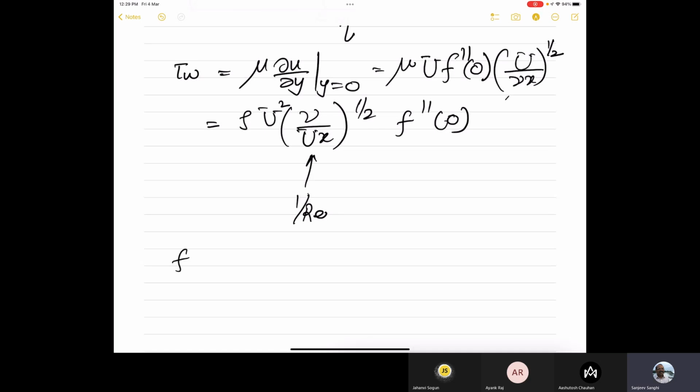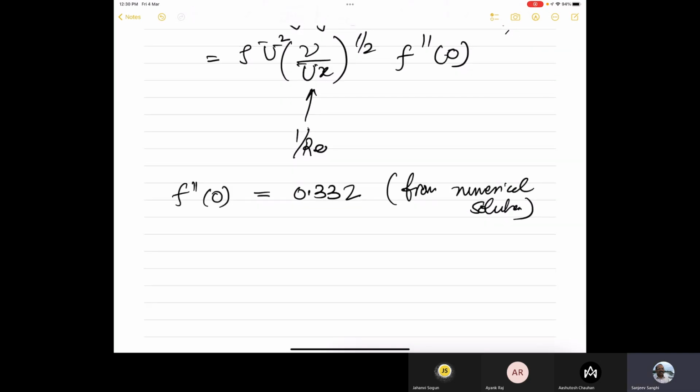Now f double prime 0 is equal to 0.332 from numerical solution.